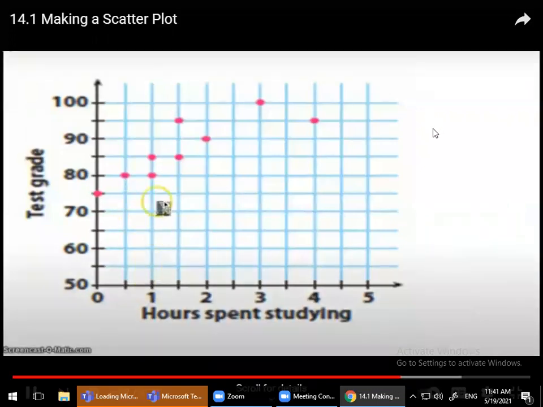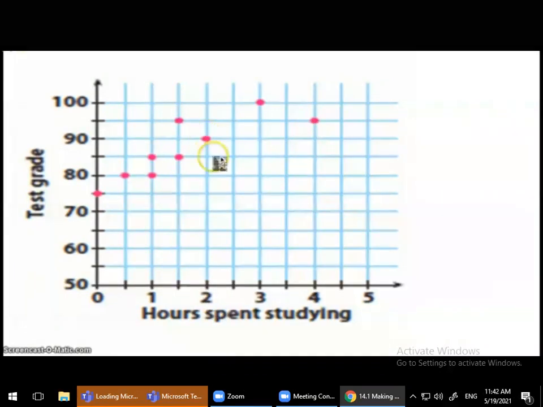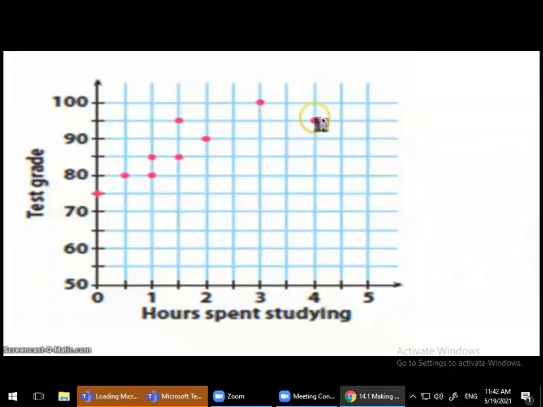Here are your 1 hour grades: 80 and 85, your 1.5 hour grades. 85 and 95, your 2 hour grade. 90, your 3 hour grade. 100, and your 4 hour grade, 95.